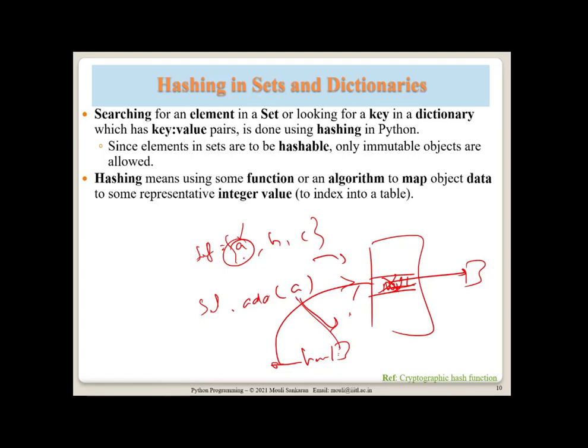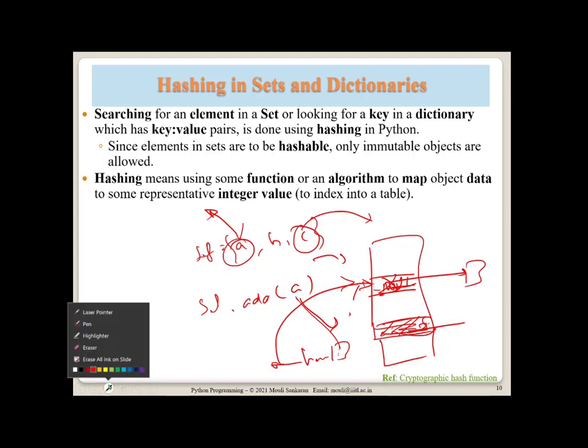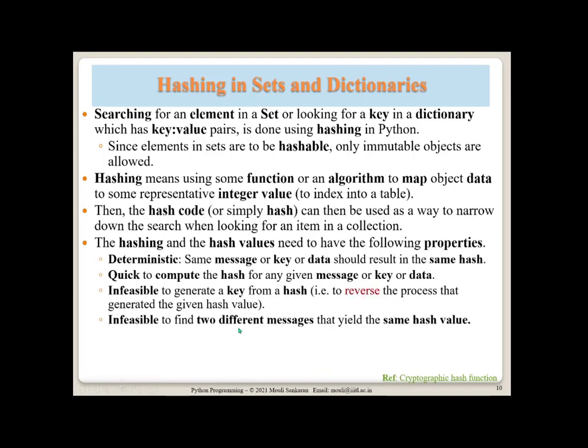Similarly, if this A results in a hash table entry here, when I pass C, another object, I should not get the same thing. There shouldn't be any collision. It should give me a different index. If there is no C in the set, it should give me an empty place where I can put it. So it should be deterministic, as well as infeasible to generate the same hash for a different message.